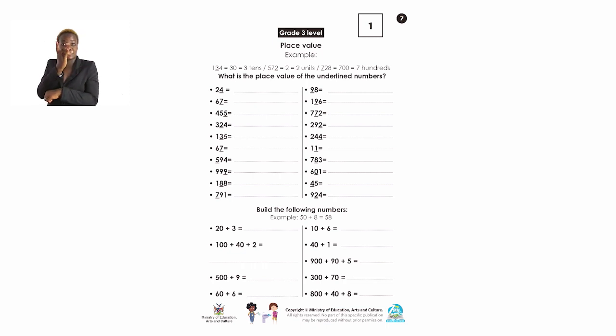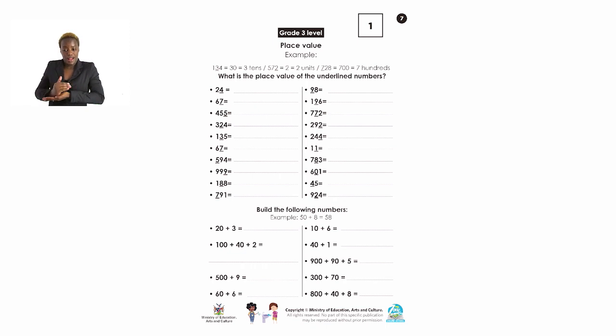The 7 is underlined. But what place value is that? It's the units. So you write the units there. I would like you to complete the rest of the activities by writing the correct place values next to each number. Down below, we have to build the numbers.